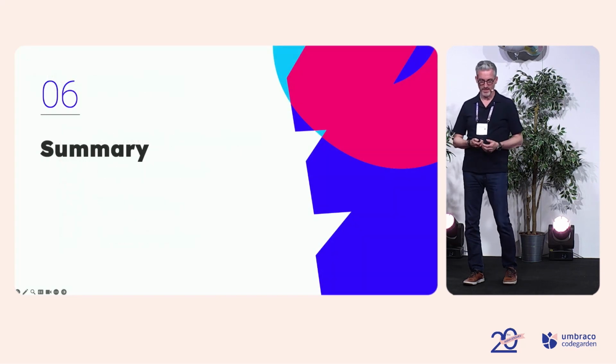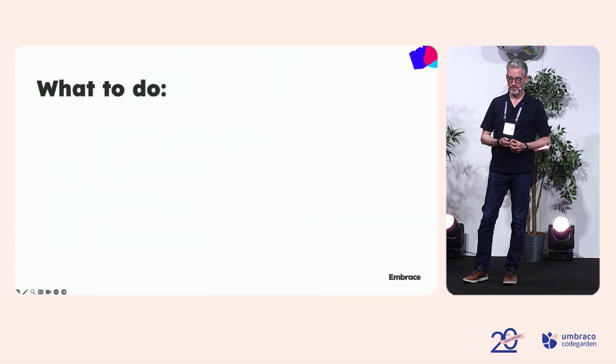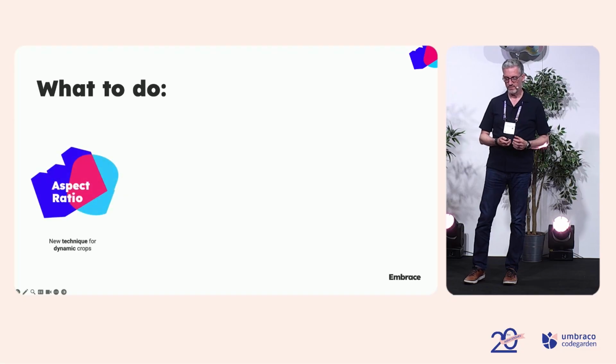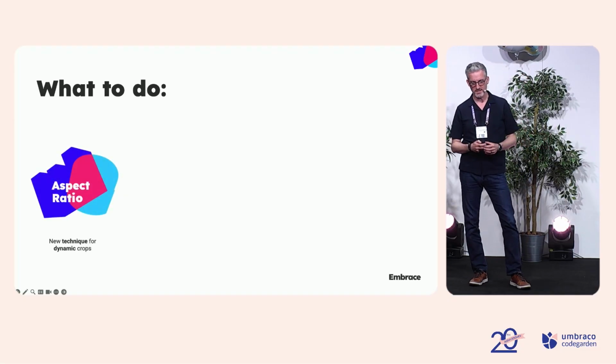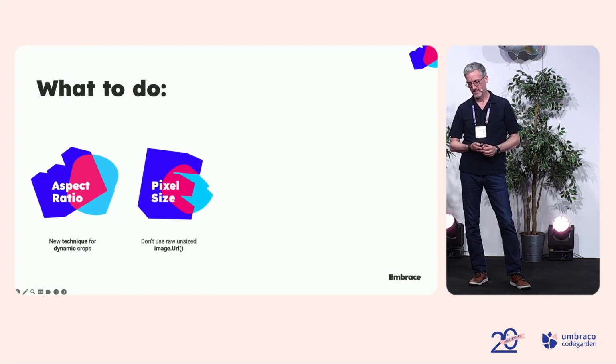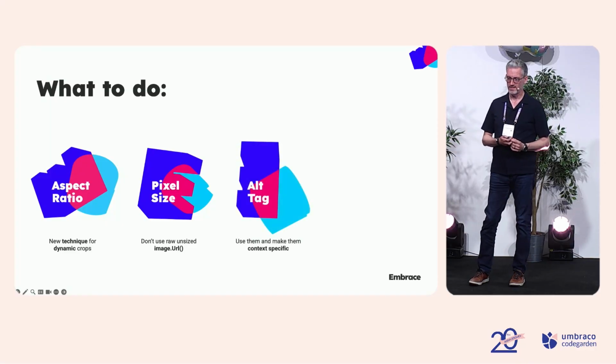So just in summary then, we've looked at 4 different aspects. We've looked at aspect ratio. We looked at a new technique for dynamic crops, so we can just make sure that the user always sees the highlighted part of the image. We looked at pixel size. Just basically, I think the simple answer is don't use the .url extension. Make sure you're always sizing images.